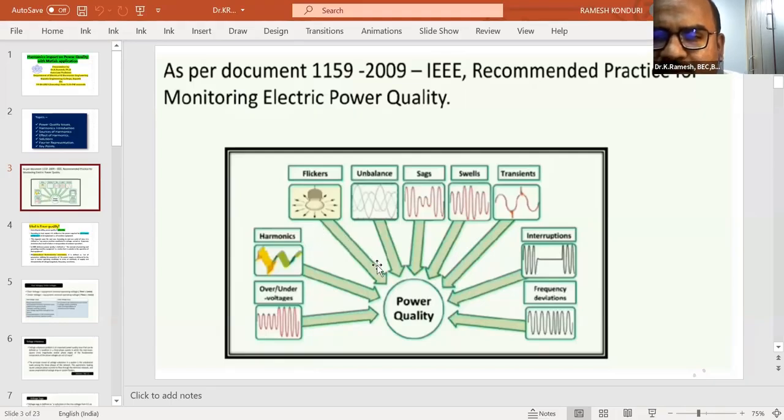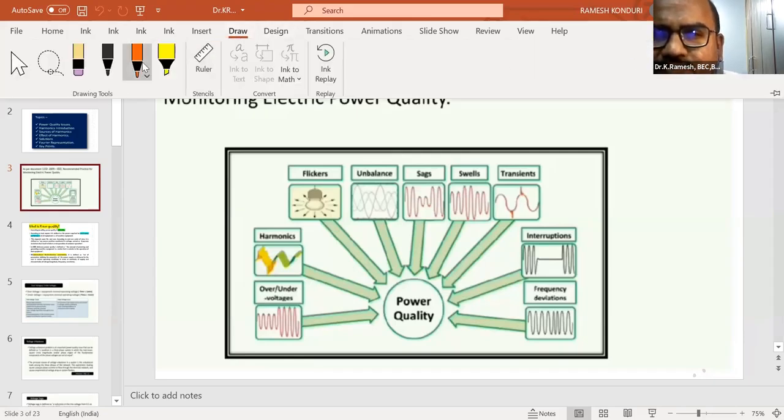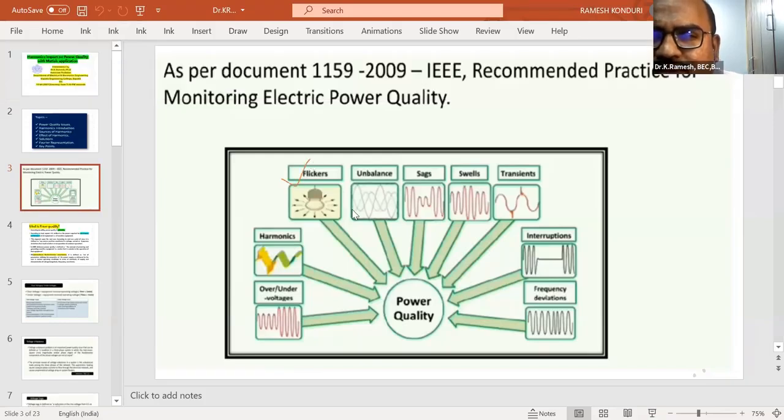Out of these, first we would like to look at the power quality issues: what is meant by flickers, flickering, unbalance in the system, sags, swells, transients, interruptions, frequency deviations, harmonics, over and under voltages.